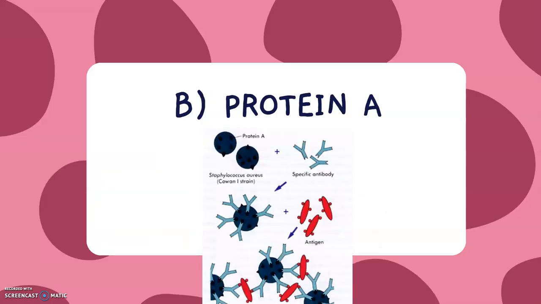The answer is protein A. That is, Staphylococcus aureus Cowan 1 strain contains certain proteins called protein A. Their specific antibody will bind with this protein A, and when combined with its antigen, there will be particle agglutination, which is called co-agglutination. So protein A is responsible for this.